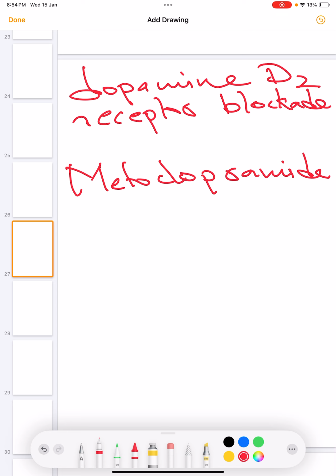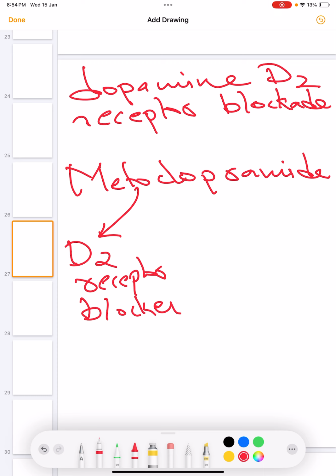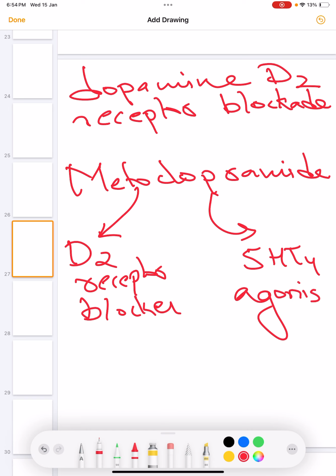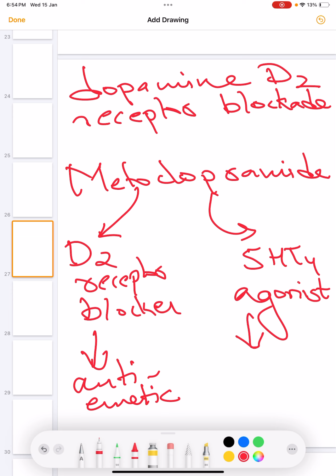Metoclopramide has multiple mechanisms of action. One is D2 receptor blocker. Then it is also a 5-HT4 agonist. So this D2 receptor blockade is responsible for its antiemetic effect, while 5-HT4 agonist action is responsible for its prokinetic effect.